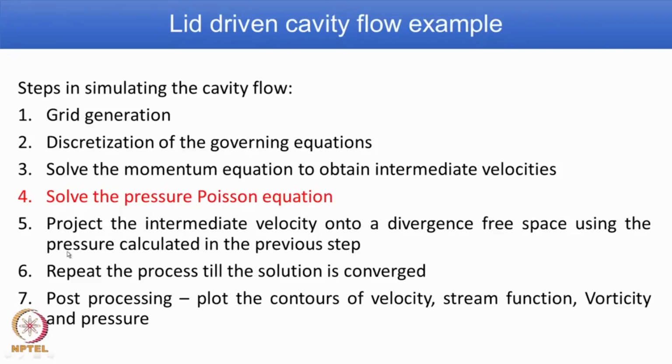Then we project the intermediate velocity onto the divergence free space using the pressure calculated through the previous step, correct the velocities, and then we repeat the steps until the solution is converged. The last step, once we get all the variables, we look into the flow through different post processing.